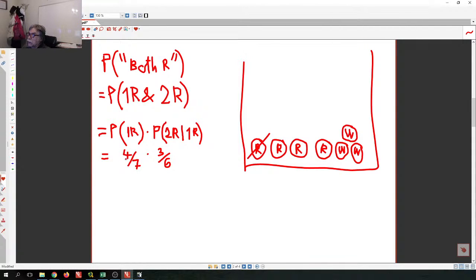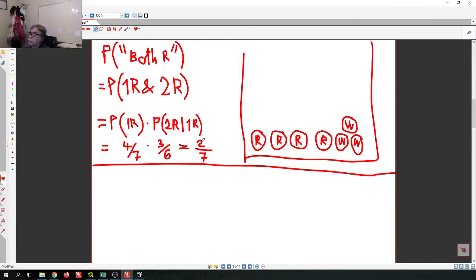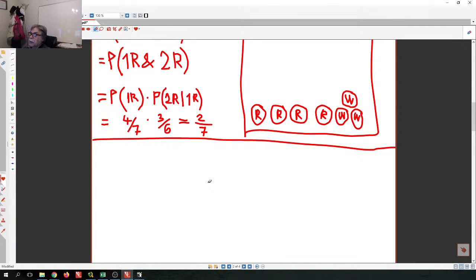So now you get some cancellation here. 3 and 3 is 1 out of 2. 2 and 4 get canceled, and one way or the other you do this algebra, you're going to have 2 out of 7. Okay? So this is calculation done by using properties of probability. Very easy. Okay? But you need to know this property. And you have to be familiar with that.